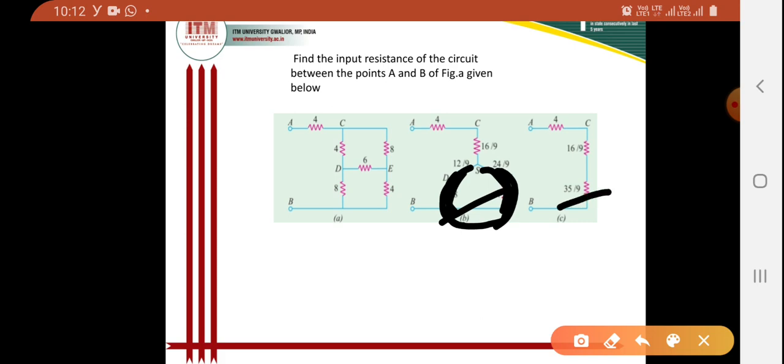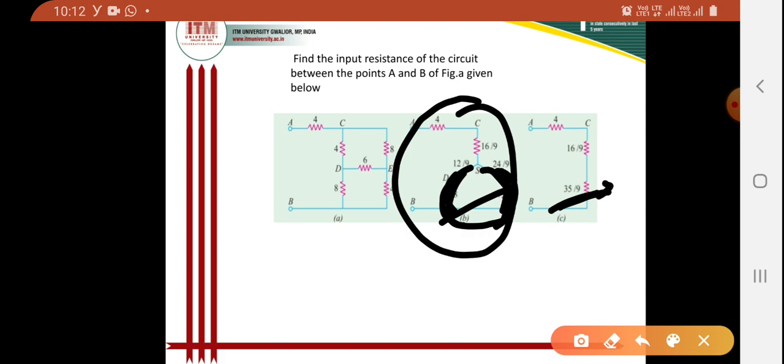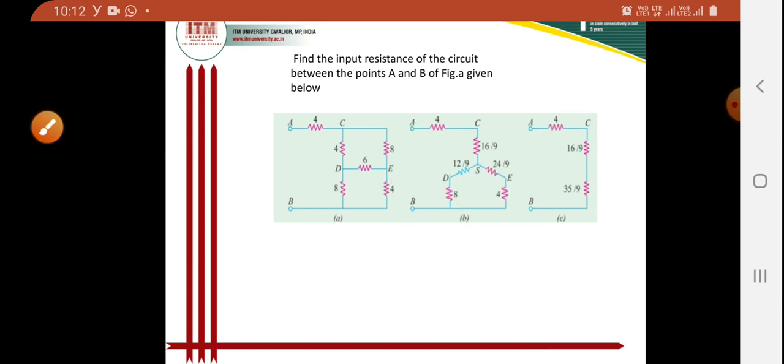So when I am simplifying this figure, this is 35 by 9 ohm, this is 16 by 9 ohm, and this is 4 ohm. So now I have simplified the circuit. This is a series connection now, and I am drawing this simplified circuit.